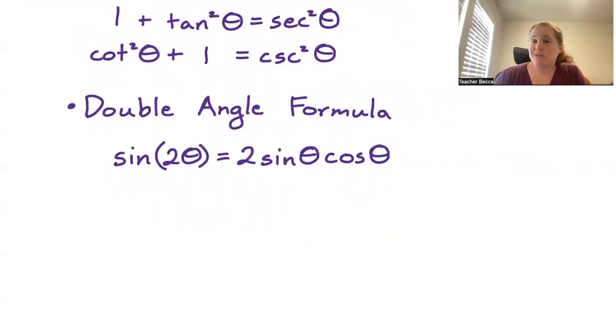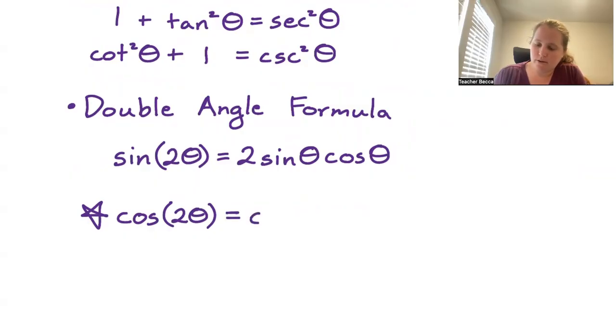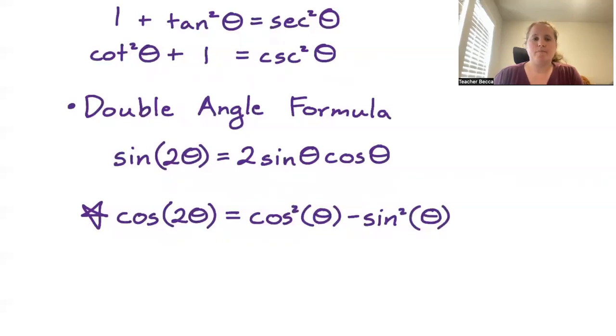And then the one that becomes most useful is the double angle formula for cosine of 2 theta. So cosine of 2 theta, we have multiple forms this one can take. We start off with the cosine squared of theta minus sine squared of theta form.